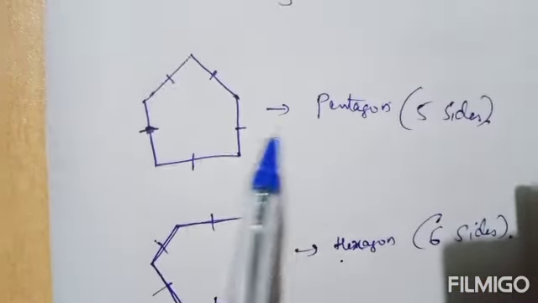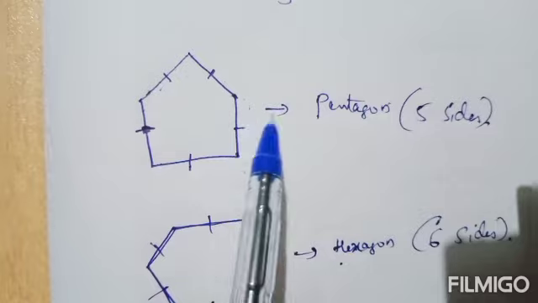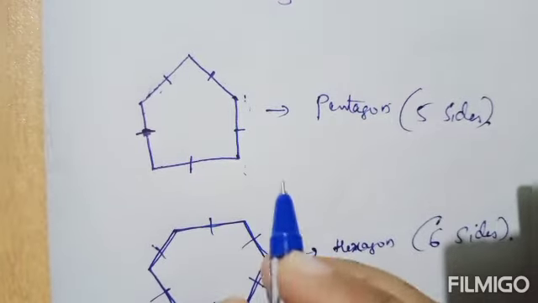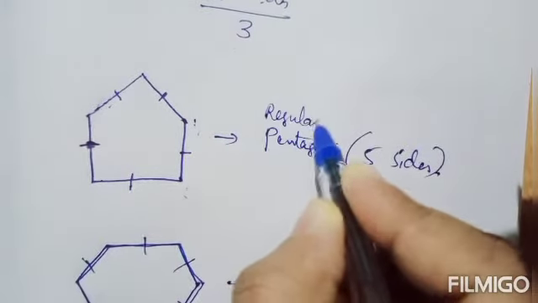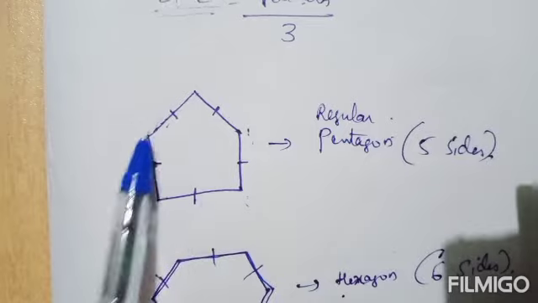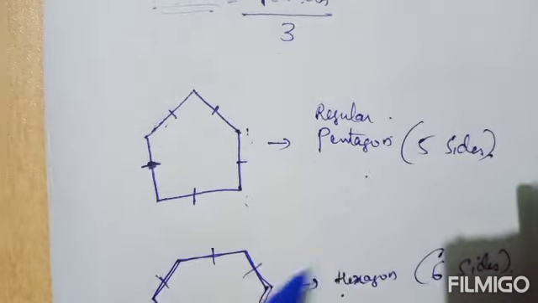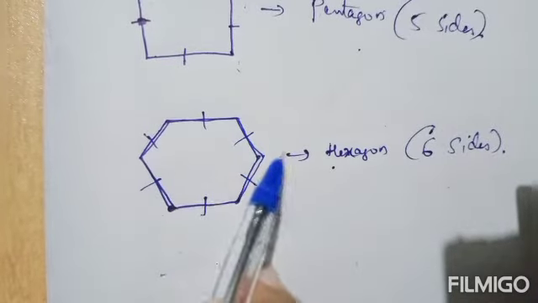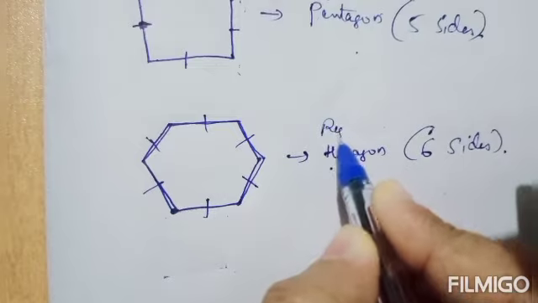Okay, now if all these 5 sides are equal in length, then it is called a regular pentagon. If all the sides of a pentagon are equal, it is called a regular pentagon. If all the sides of a hexagon, meaning 6 sides, are equal, it is called a regular hexagon.